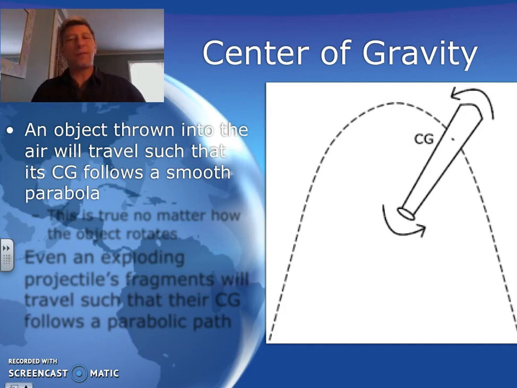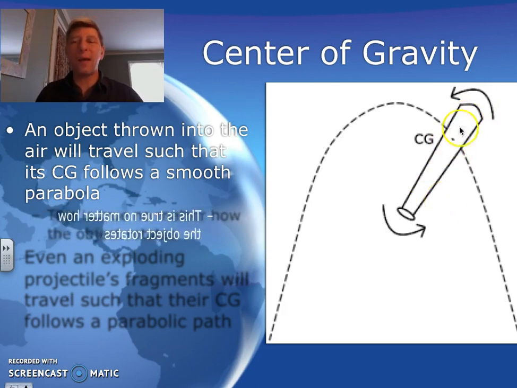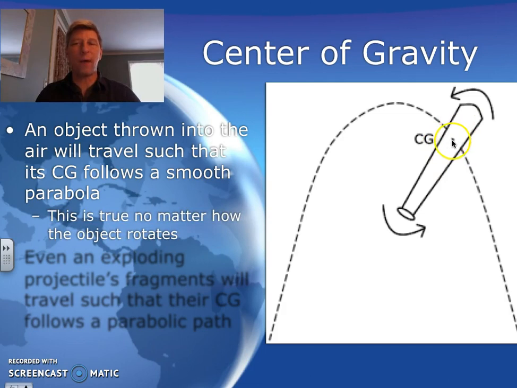Well, it turns out that if an object is thrown, it travels through the air such that that parabola is actually the path the center of gravity is traveling through. For example, I think this thing is supposed to represent a baseball bat, and the center of gravity is located about here. And so it spins around such that the center of gravity travels this parabolic path.